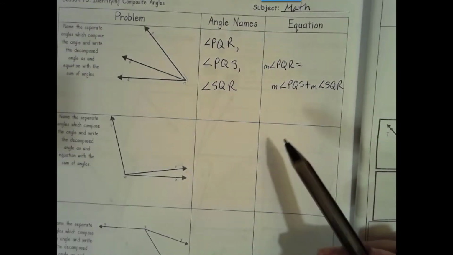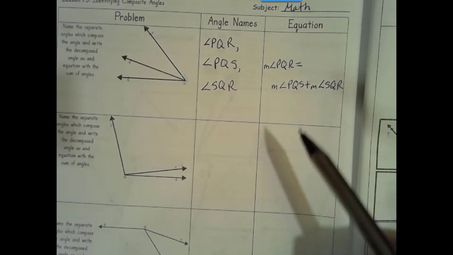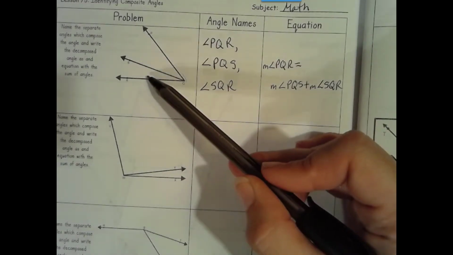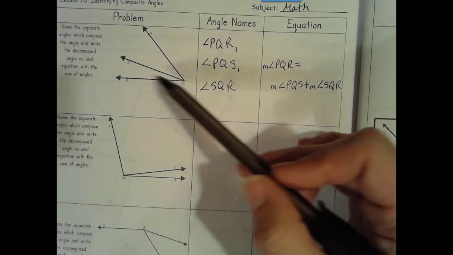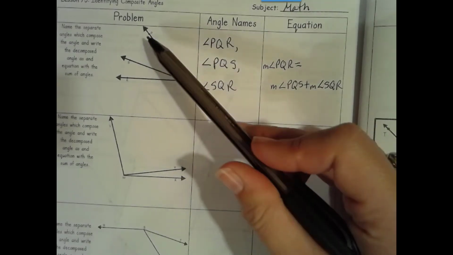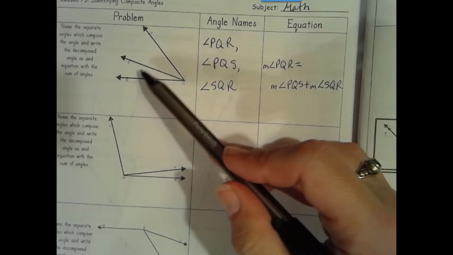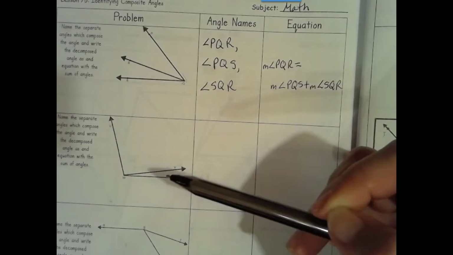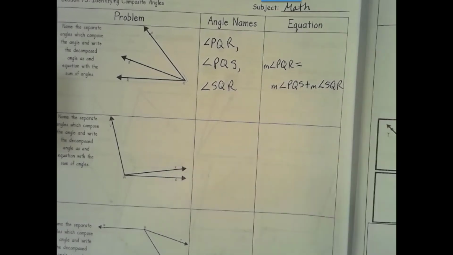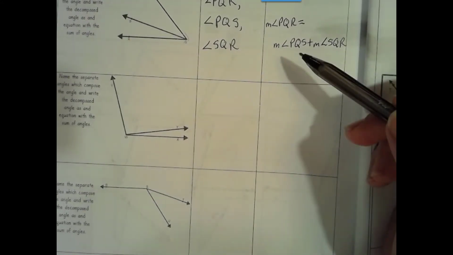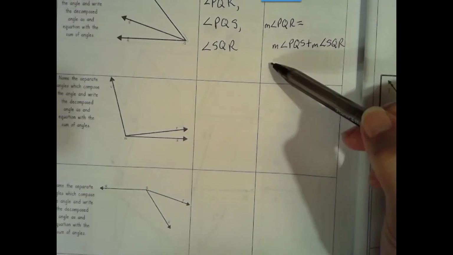So this equation or number sentence is telling me that this little angle plus this little angle equals this big angle. Or this large angle is equal to these two measures added together. Okay, in geometry, it's called the angle sum postulate. Something we just know is true.